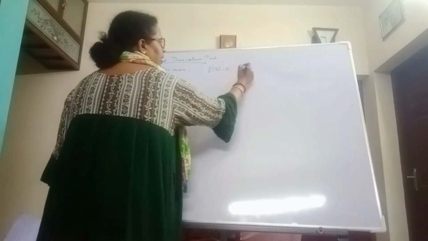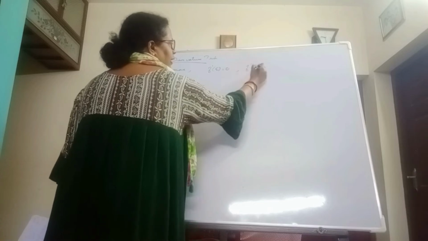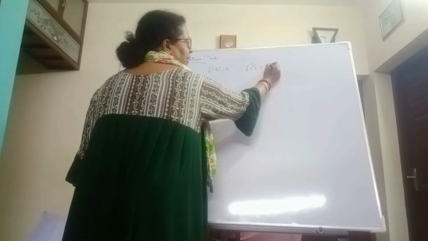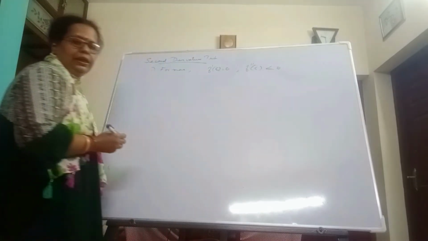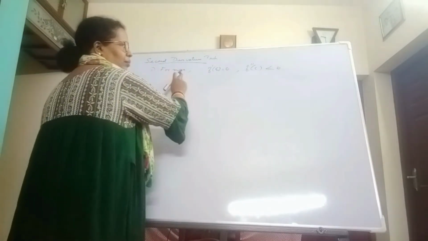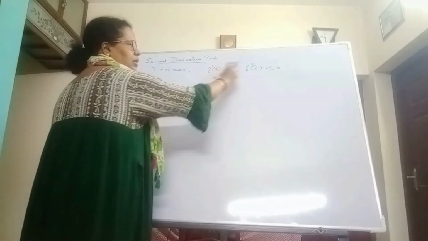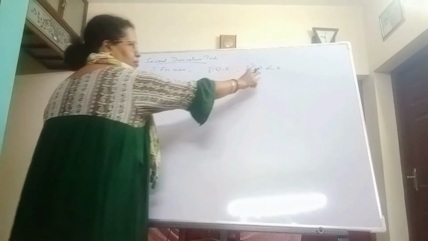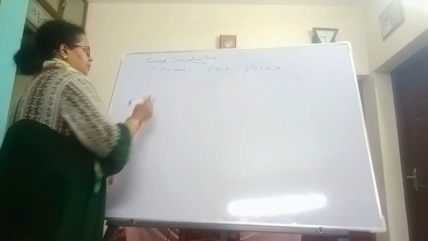And the second condition is the second derivative should be negative, less than 0. So for local maximum, first derivative 0 and second derivative negative.